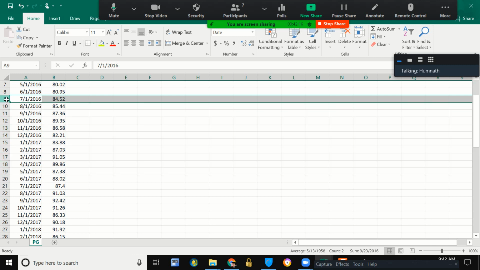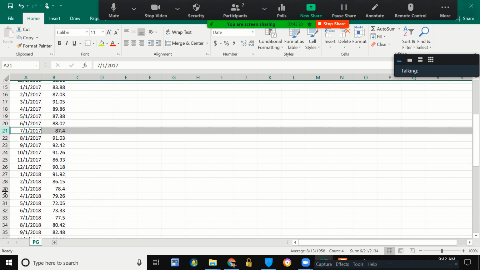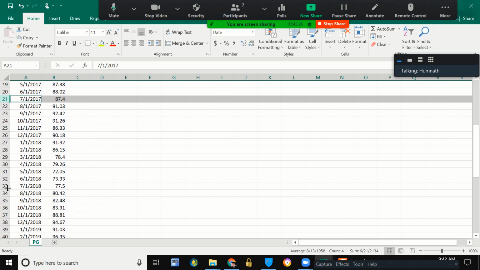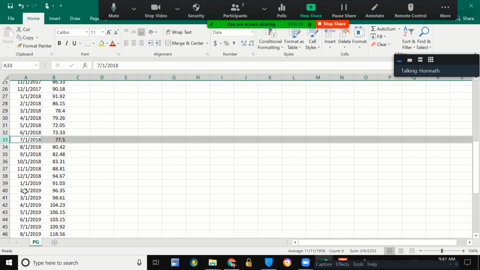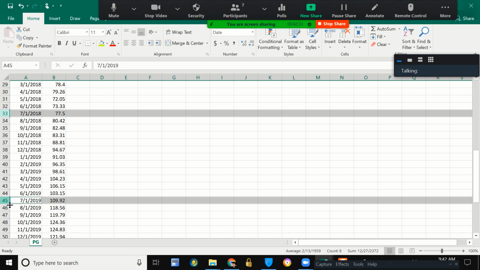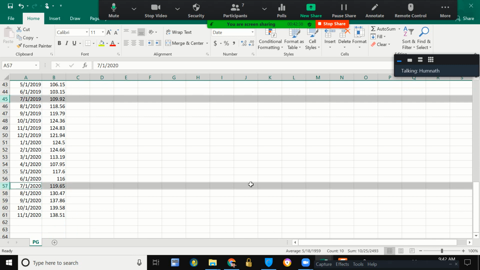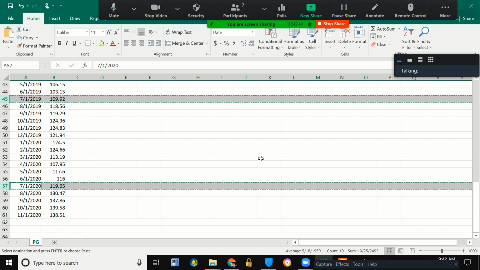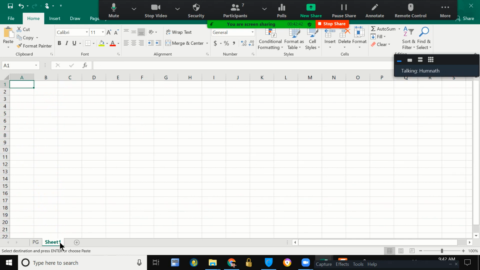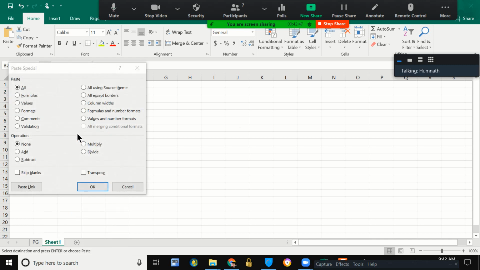I'm going to select this row, then press control and select 2017 July, then 2018 July, then 2019 July, and 2020 July. Okay, I'm going to copy this information, and probably before I go over there, I just want to paste right here. Right click, paste special. I just want these values.